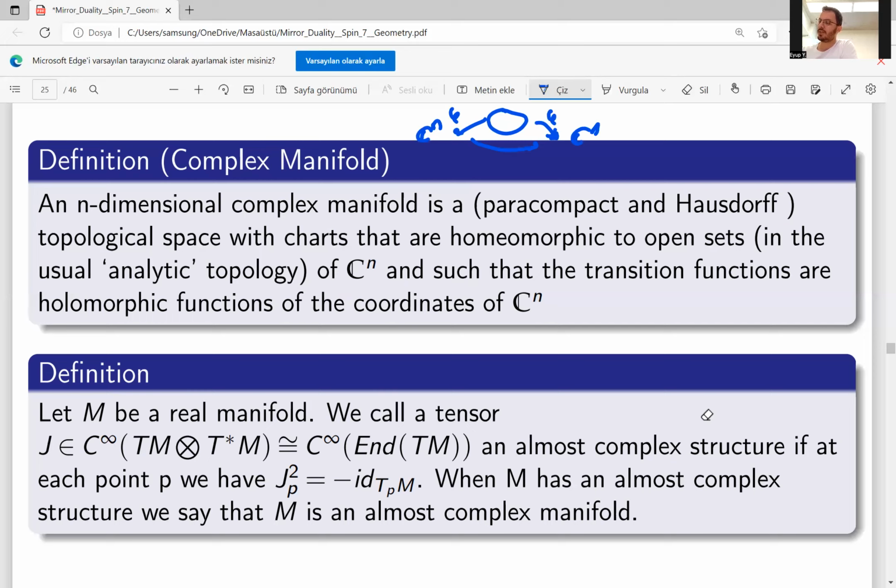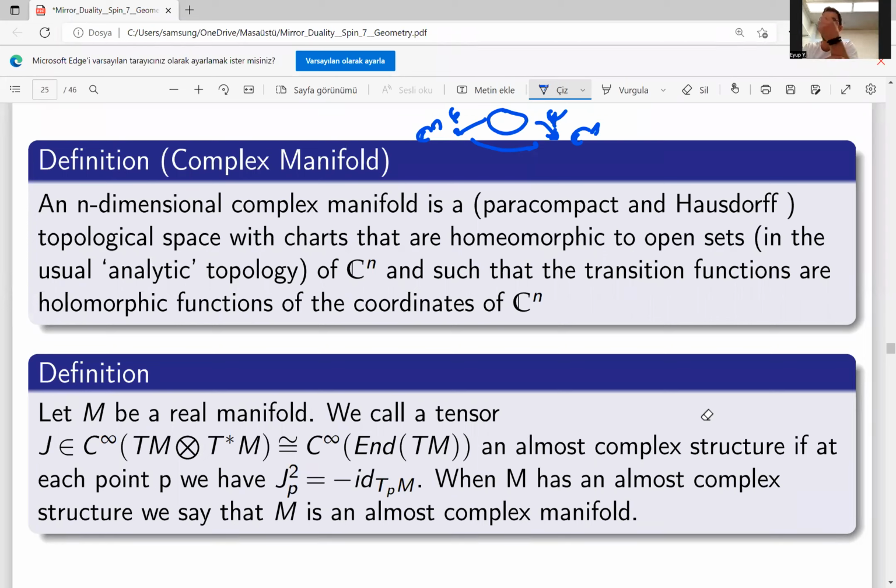For each chart, you have to find phi and psi, let's say, and this transition function has to be holomorphic. At first you take the transition function as a map on Rn, but now we choose to translate our function into a holomorphic function.